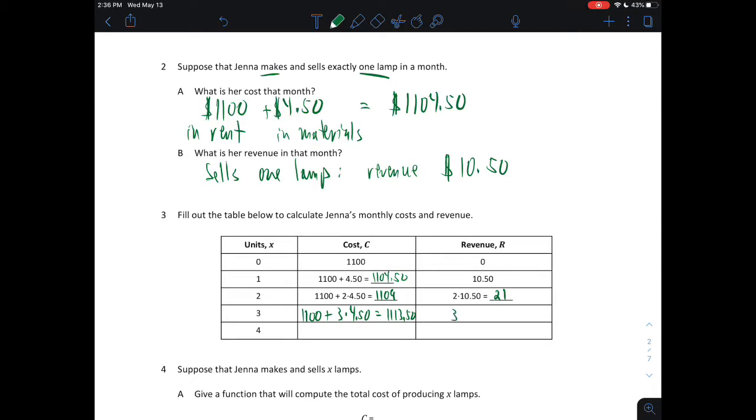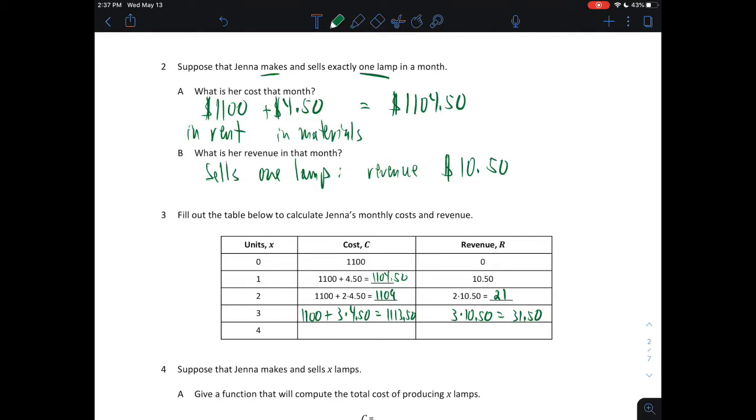And then what would the revenue be? It would be 3 times $10.50. Because she sells each lamp for $10.50, and she sold 3 of them, that's $31.50. Don't forget, you don't want to write 31.5. You want to think this is dollars and cents, that's 31.50.